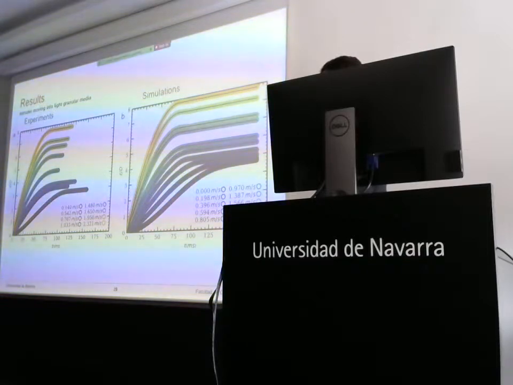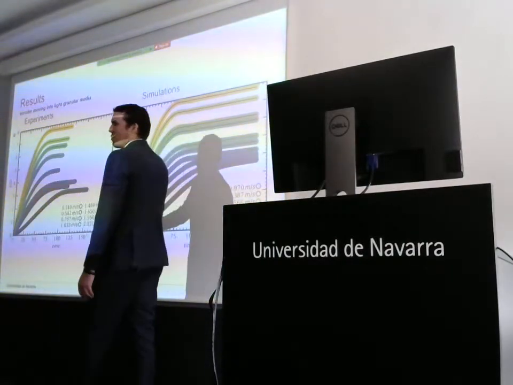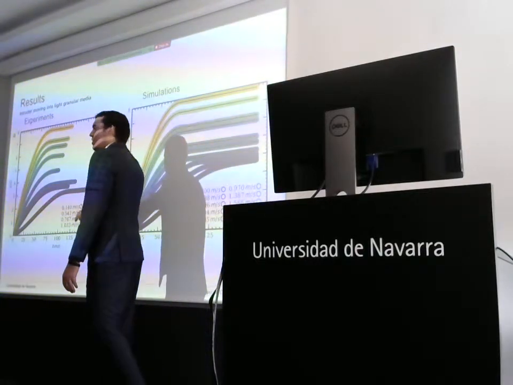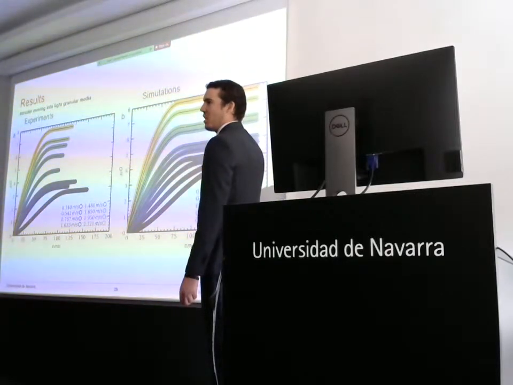Why didn't you do that? I should say that, as you can see here, the velocities are not exactly the same. For example, this one is 0.40, and the closest to it here would be 0.98.